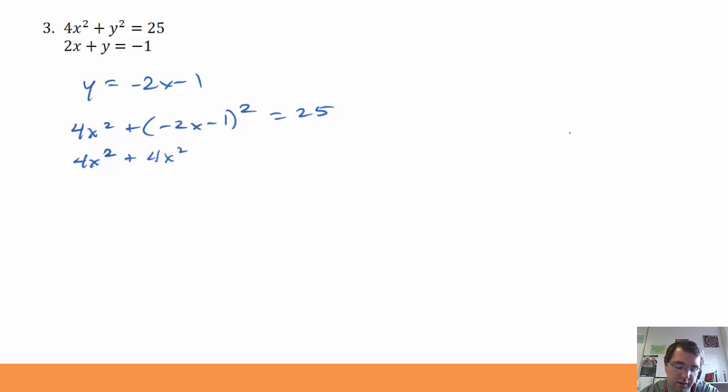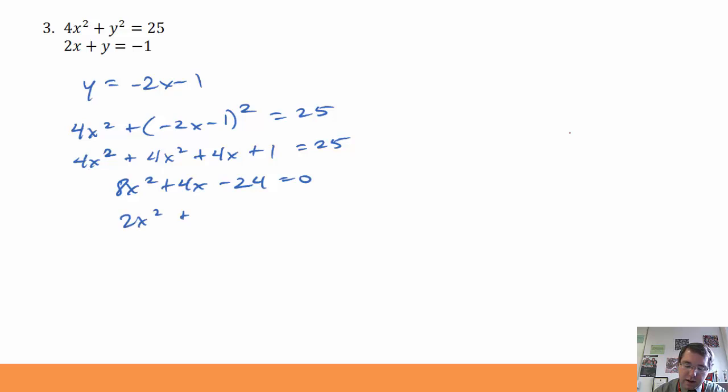Okay, then I'll have positive 4x and then a positive 1, and that equals 25. So 4x squared plus 4x squared makes 8x squared plus 4x minus 24 equals 0. I'll divide everything by 4 to make it simpler, and I'll get 2x squared plus x minus 6 equals 0.